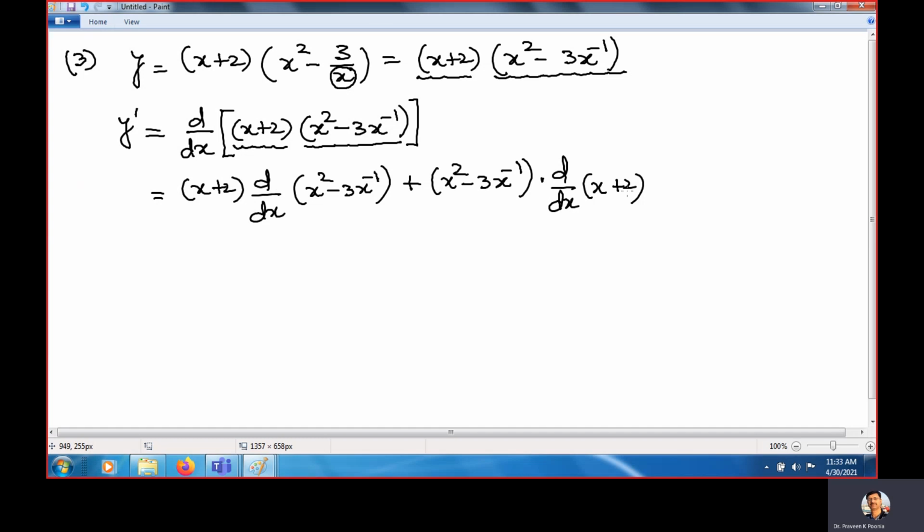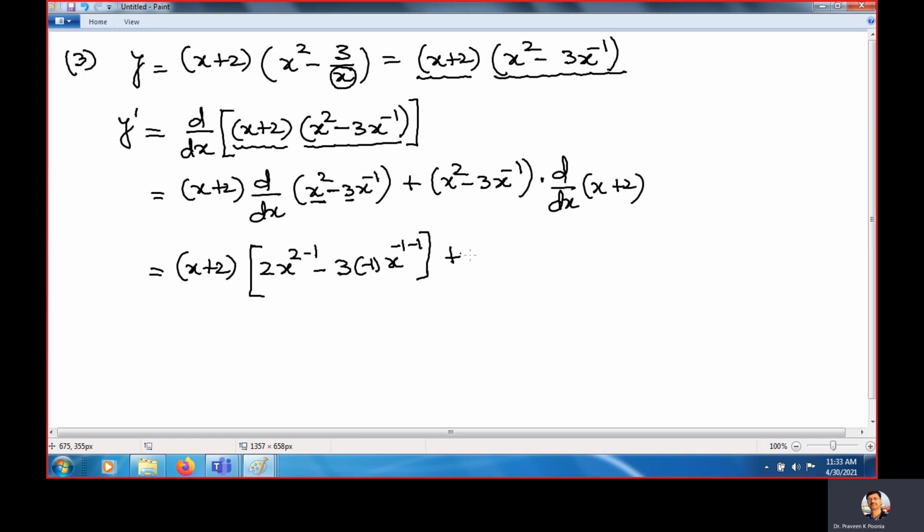This is clear, equals to x power 2. Now you can write the differential here directly. X power 2, it is 2x power 2 minus 1, minus 3, now x power minus 1. So minus 1 will be here, x power minus 1 minus 1.